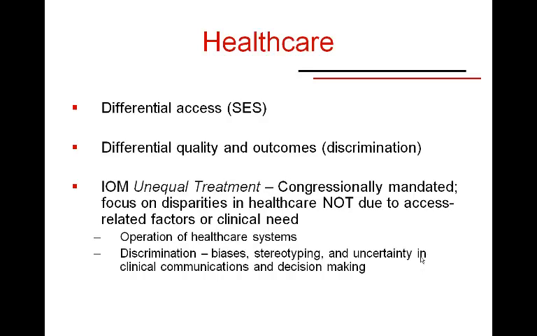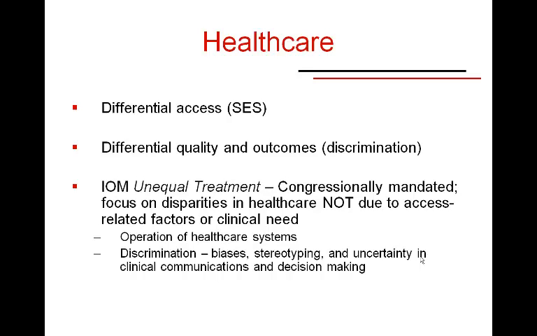One is differential access as a function of socioeconomic status. So racial groups have different access to social resources, and those economic social resources translate into different access to healthcare. But also there's been a fair degree of attention to how there may be racial differences in quality and outcomes as a function of discrimination.